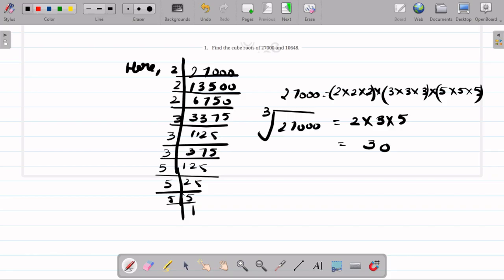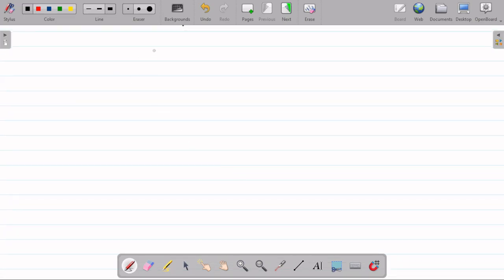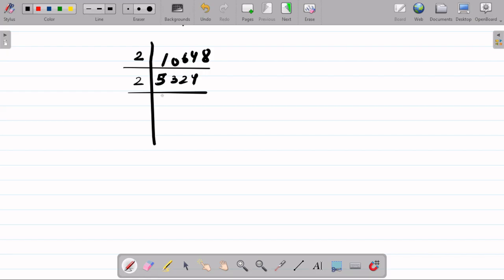Fine. Similarly, for 10648, again the prime factorization: 5324, 2662, 1331, 121, 11.